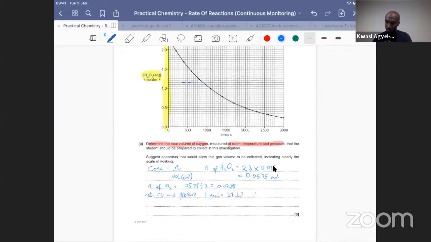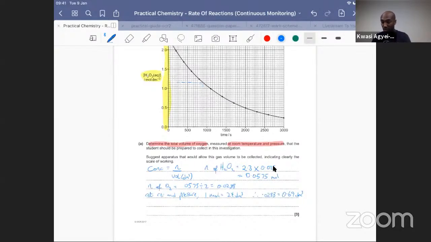Therefore, the volume is 0.0288 times 24, which is 0.69 decimeters cubed. Okay, so that is our volume of oxygen that we would expect to collect.